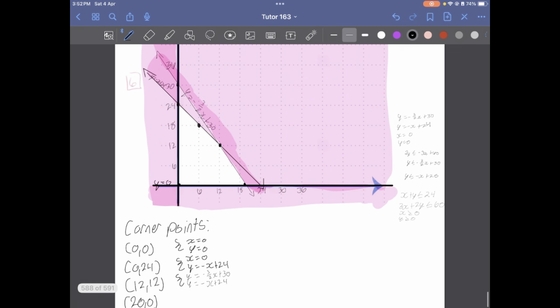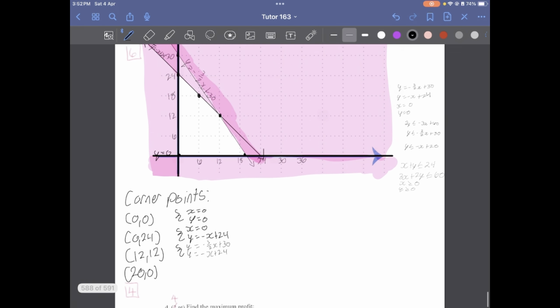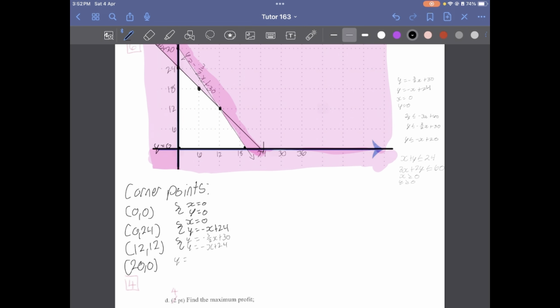And then 20, 0, that's this point here, that's this, and then y is equal to 0. Okay.